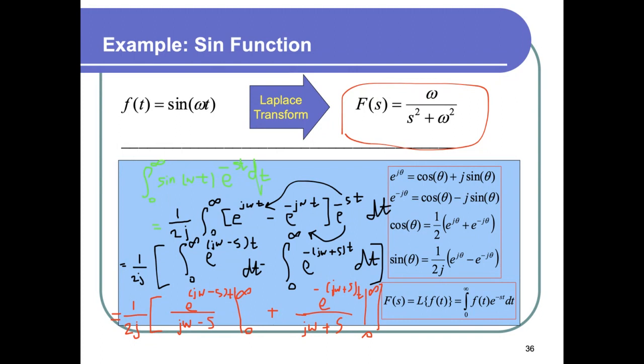All right. Something I did not tell you is that s is simply sigma plus j omega. With that knowledge, if I have minus s, then whatever I have here is going to be a negative number.